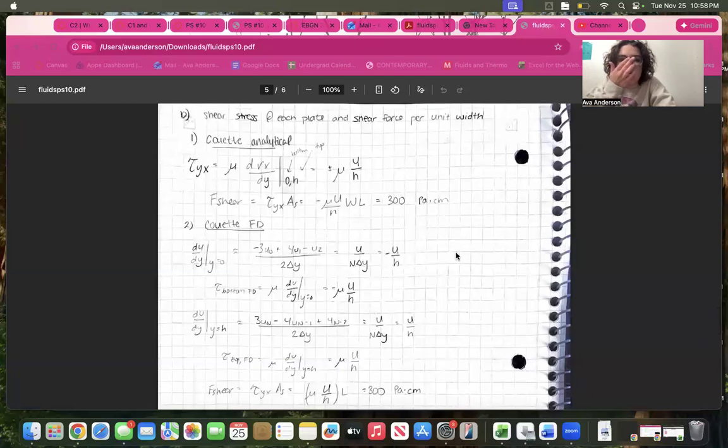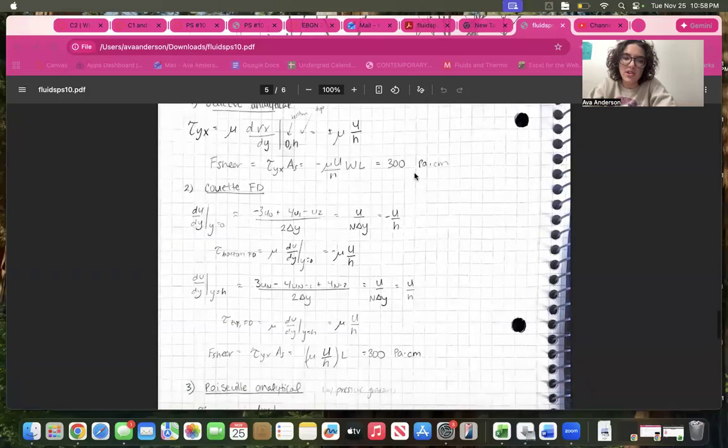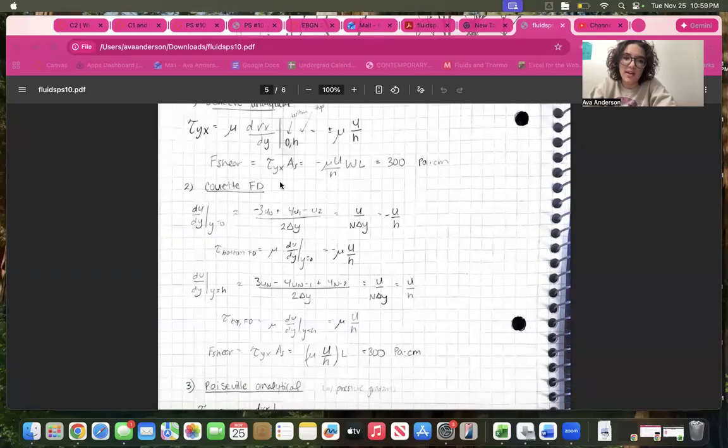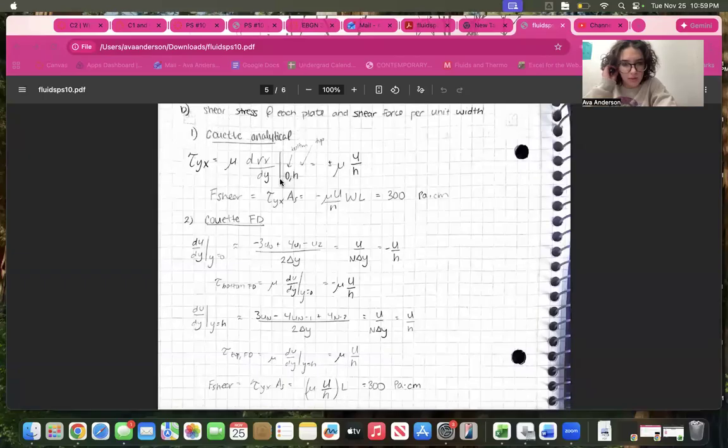Next, solve for the shear stress at each plate and the shear force per unit width. For the shear stress, that's basically just mu multiplied by dVx divided by dy. We're evaluating that at the boundaries, the bottom and the top of the plates, and that's plus or minus mu u divided by h, and F shear is basically just multiplying by the cross-sectional area, which is 300.